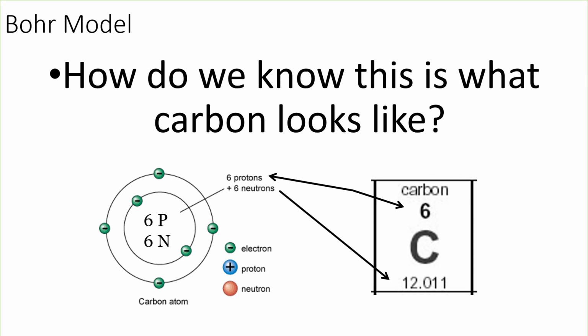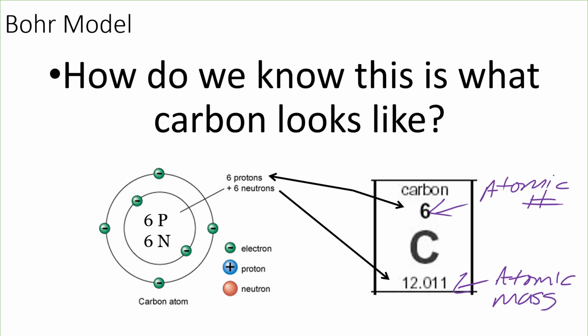So we know right here, this is our atomic number, and down here, we have our atomic mass. That atomic number represents the number of protons, but it's also representative of the number of electrons. So atomic number, protons, and electrons.